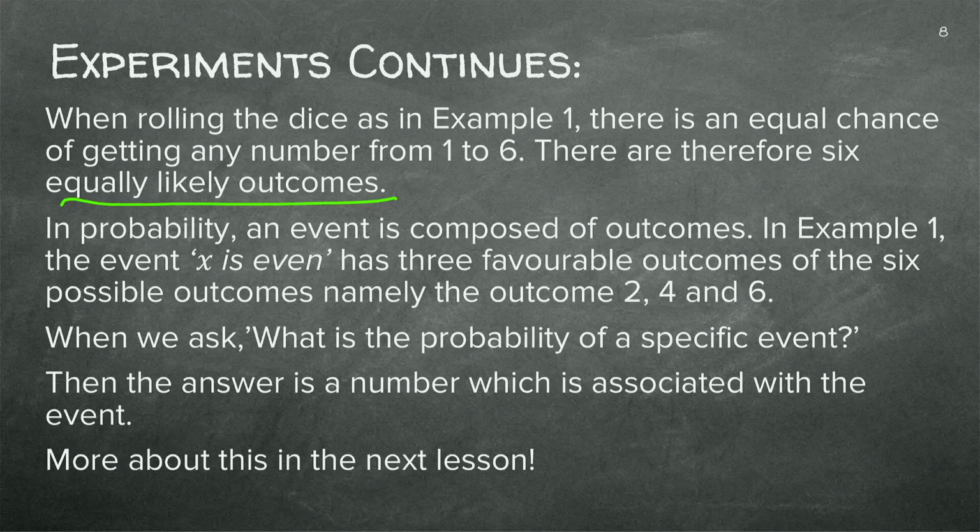And in example 1, the event x is even has 3 favorable outcomes, as we mentioned. So of the 6 possible outcomes, there are 3 favorable outcomes, which will be 2, 4, and 6. So now we can start asking the question, what is the probability of a specific event to occur? So then the answer is a number which is associated with the event.